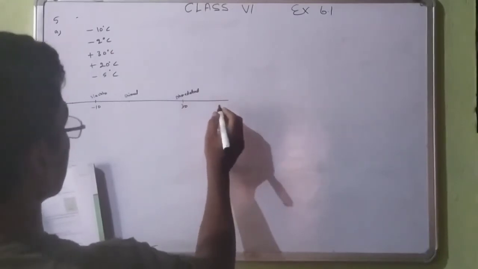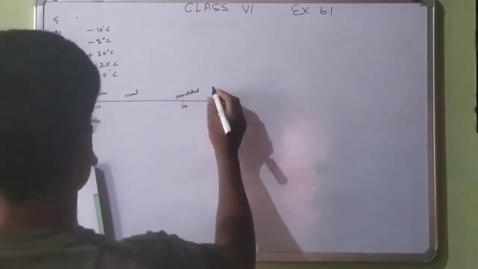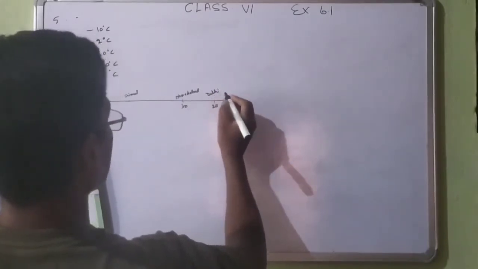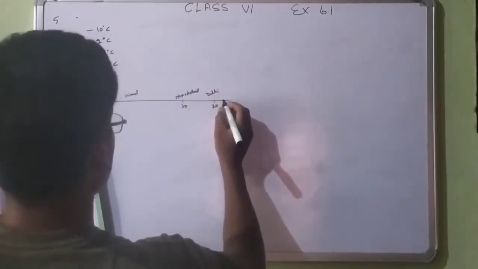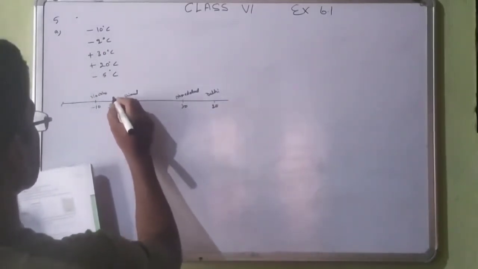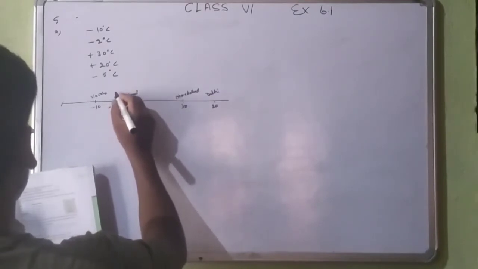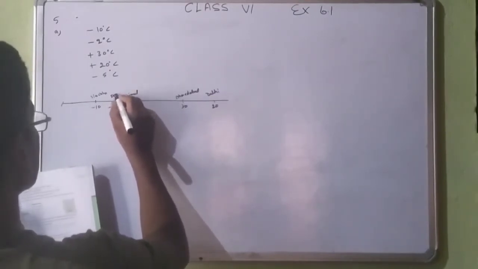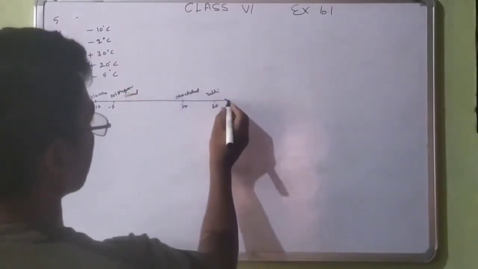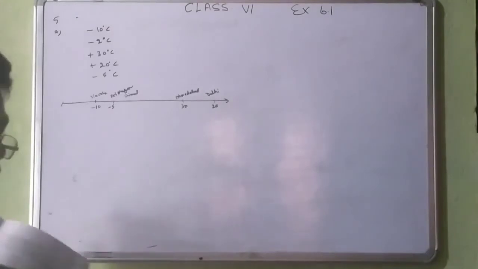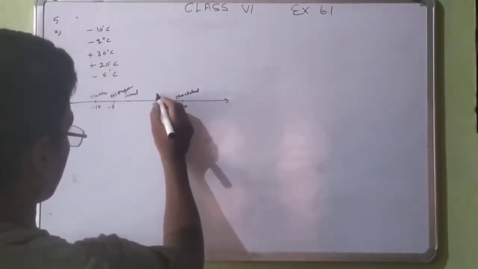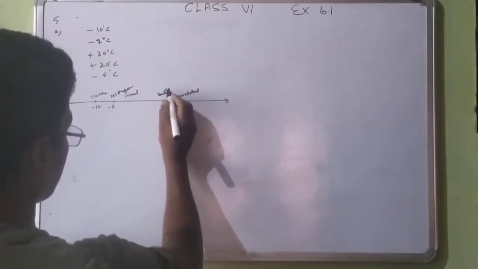And then 20 degree, so that will be 20 degree Delhi. Then Srinagar minus 5, so here will become approx minus 5, this will be Srinagar, right? Oh sorry, Delhi will become here, just wait, 20, Delhi.